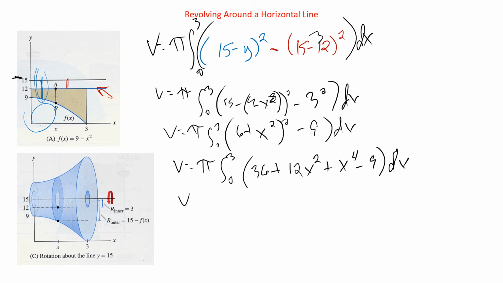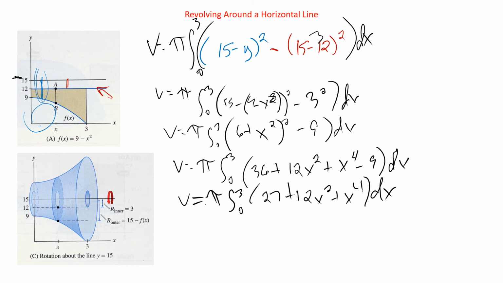So we have volume equals pi times the antiderivative of 0 to 3 of 27 plus 12x squared plus x to the 4th dx. And now we can do the calculus step. So far this has been algebra. Technically setting up the problem was probably calculus, but all that stuff was algebra.